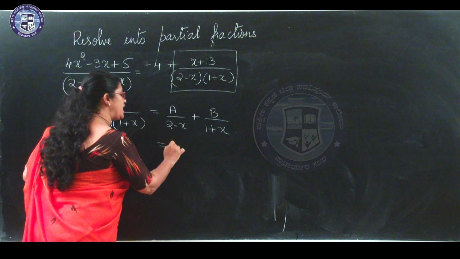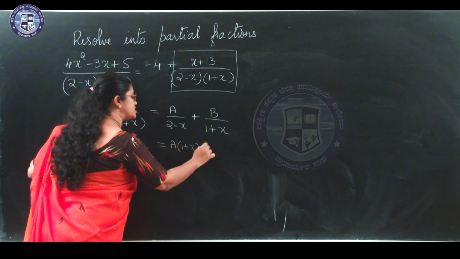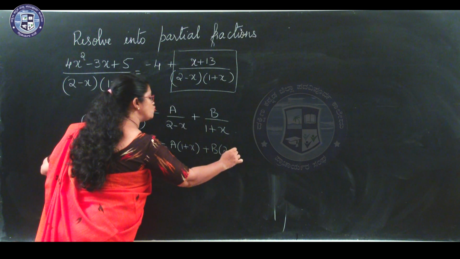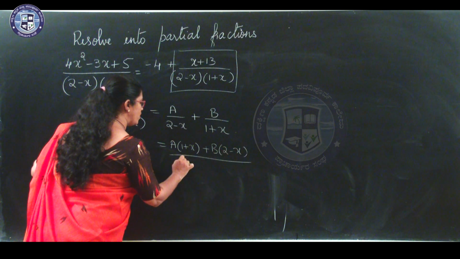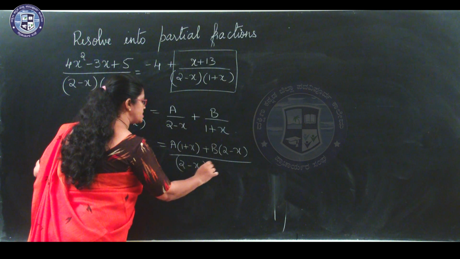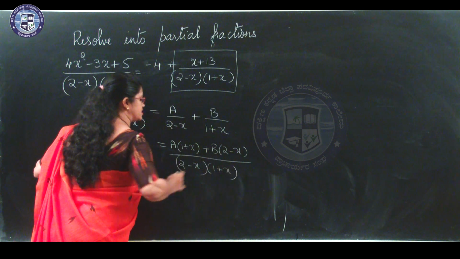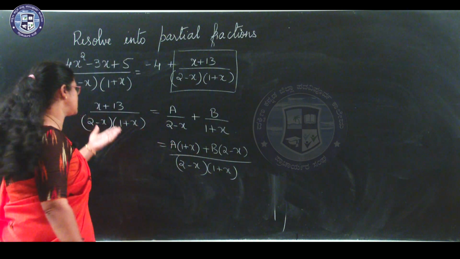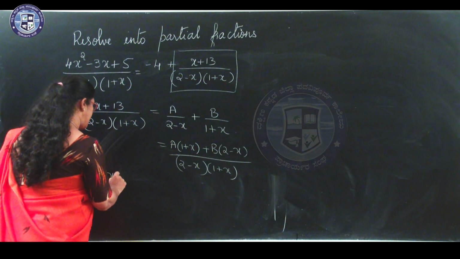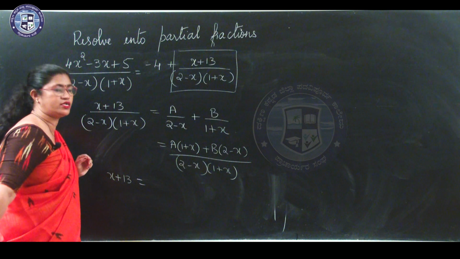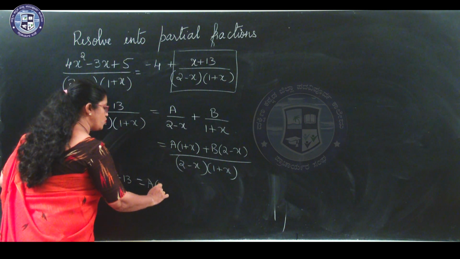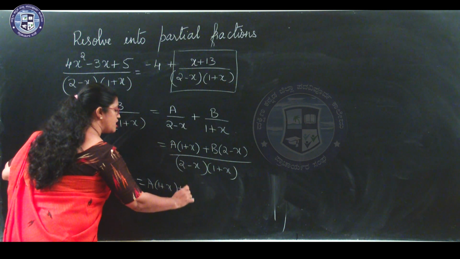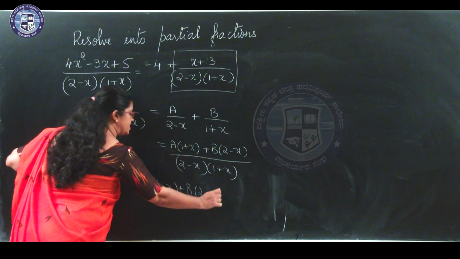So, this is a into 1 plus x plus b into 2 minus x divided by 2 minus x into 1 plus x. Same procedure, equate the numerators. The numerator is x plus 13 is equal to a into 1 plus x plus b into 2 minus x.